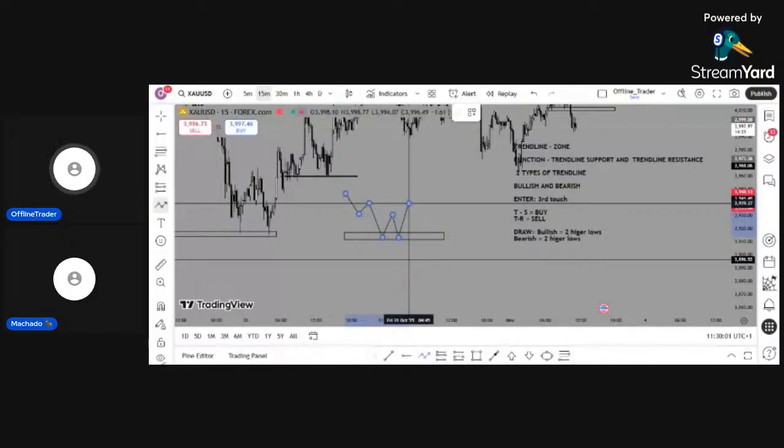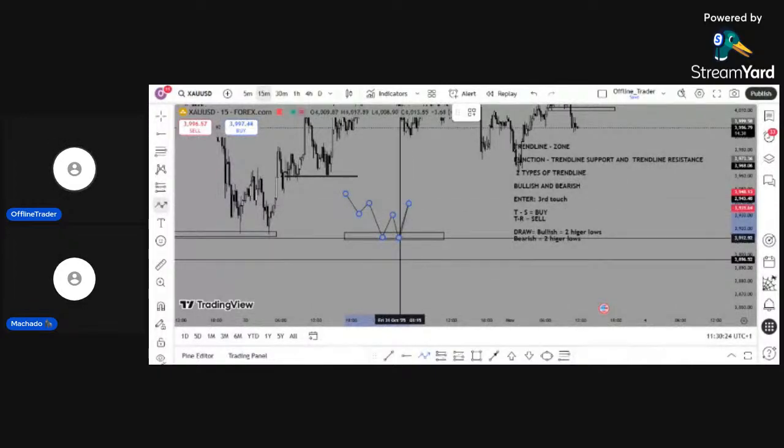But we can't say the buyers have fully taken over. We need some additional confluence also. That's why I told you before we can say it's fully bullish, we need two lows and two highs. And we can only see one low and one high here. So we need two lows for the market to retrace back and break this high also.